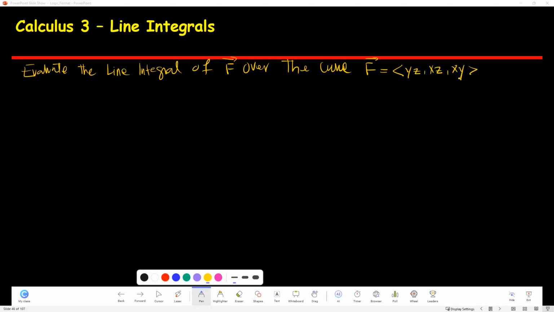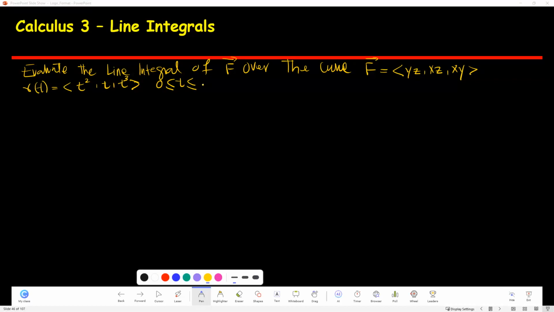That is, my vector field is given, and r(t) is also given here. Usually we create x, y, z, so it's giving t squared, t, and t cubed. So there are a few things we're going to be writing about.